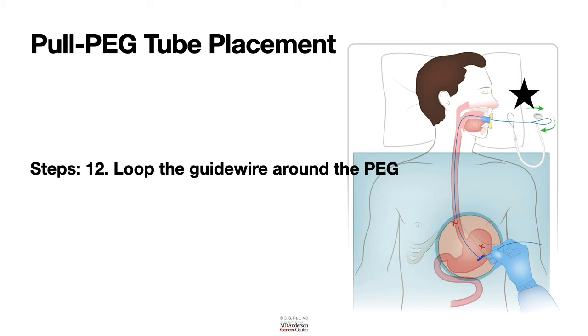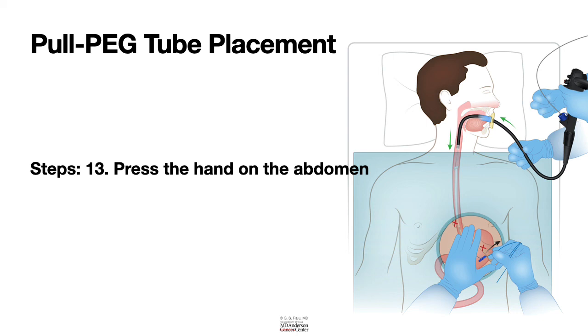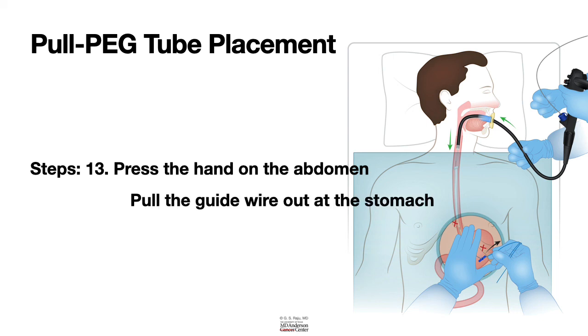And tighten the knot between the guide wire and the PEG so that it's a nice smooth knot, not a big knot, so that pulling the knot through the abdominal wall will be easy. And then press on the abdomen with the hand and pull on the guide wire out of the stomach.